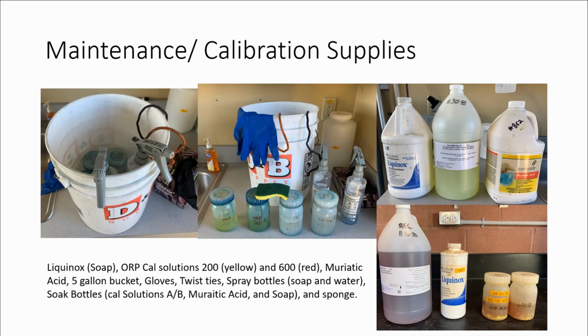All right. So where do you get those chemicals? I'm assuming the ORP solutions, the 200 and 600, are from the manufacturer? From Hawk. The liquid NOx, I believe, is from one of our lab companies, and I'd have to ask our lab lady exactly where she orders it from.